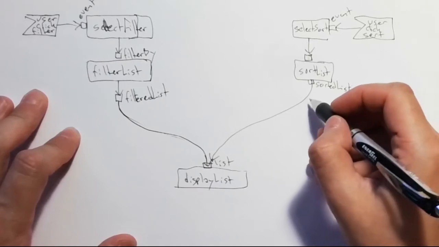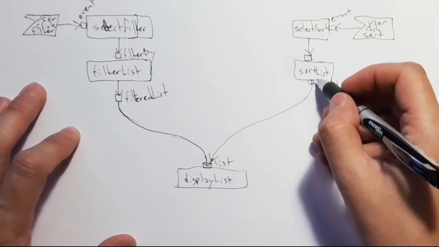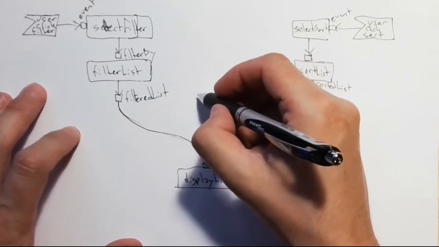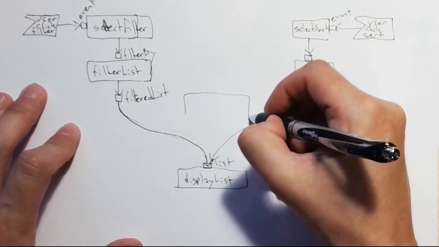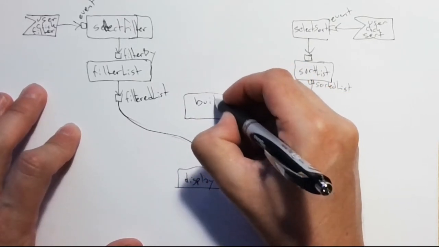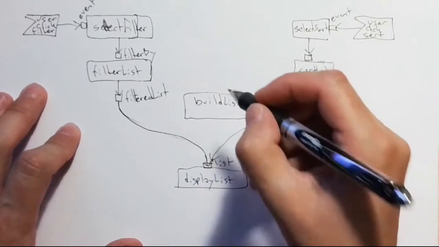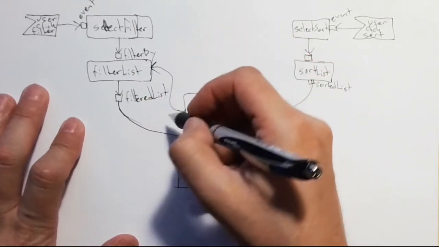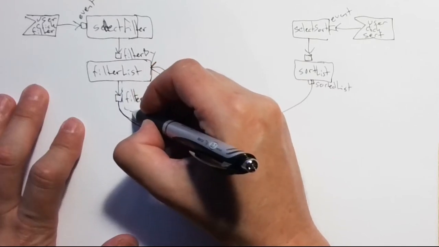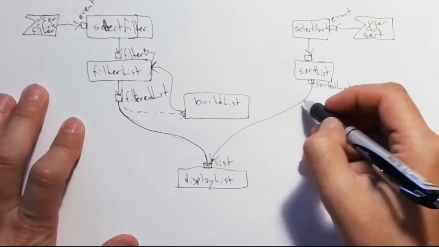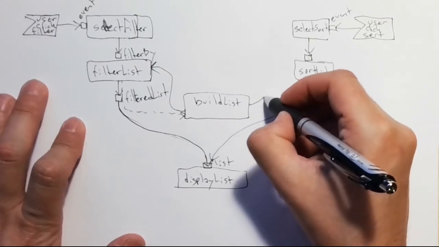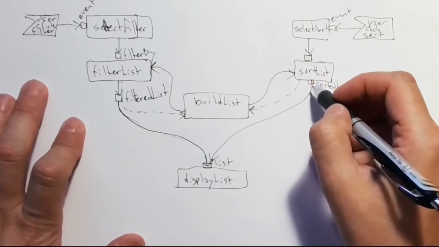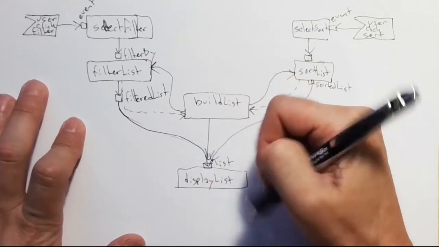And what if we now say, okay, instead of these filter list and sort list calling display list individually, maybe we should have a function here called build list that would then call, first it would call filter list, that would then need to return a filtered list, and then after that it would sort the list, and sort list would then need to return the sorted list, and then build list would call the final one.